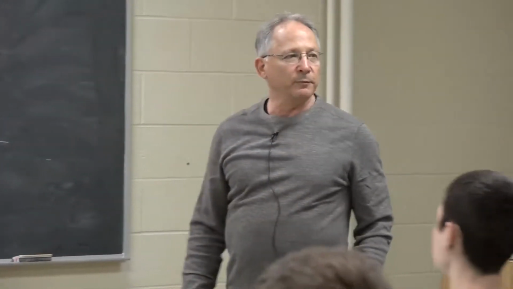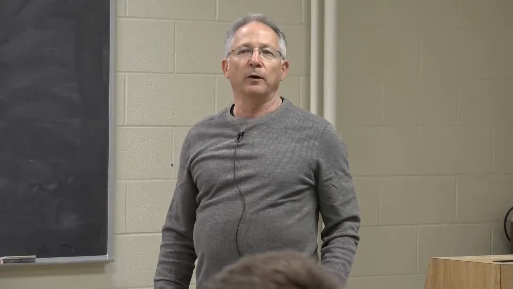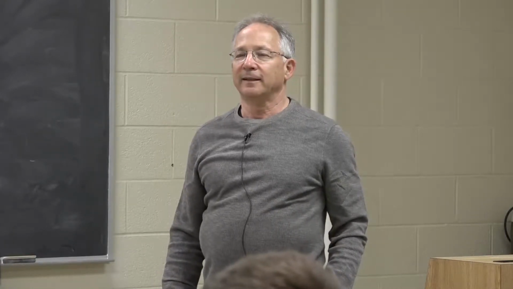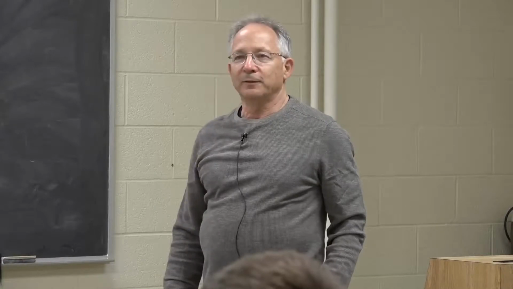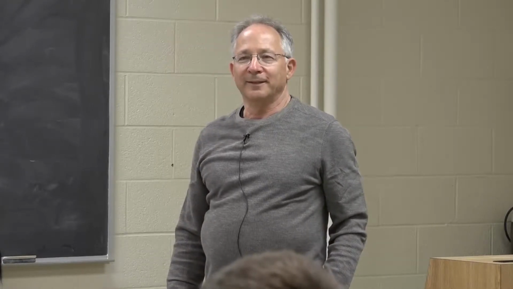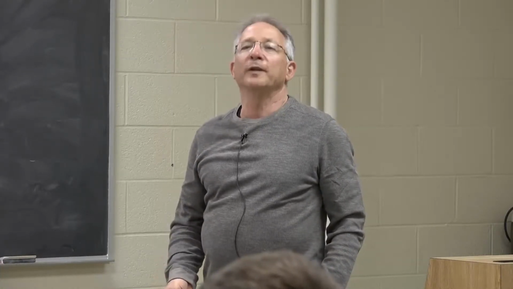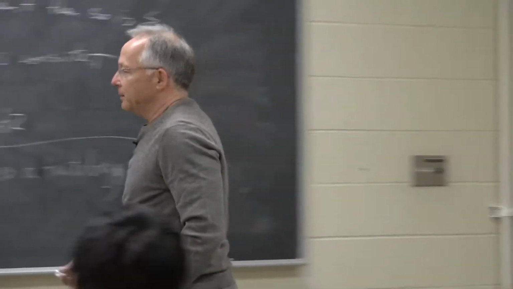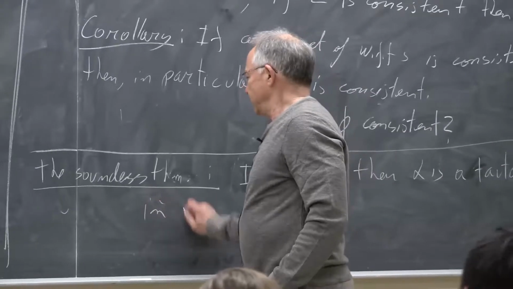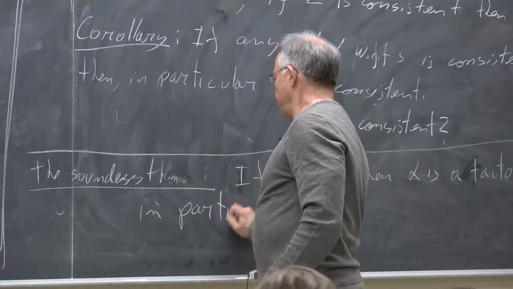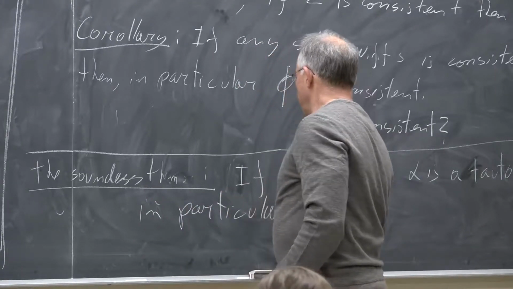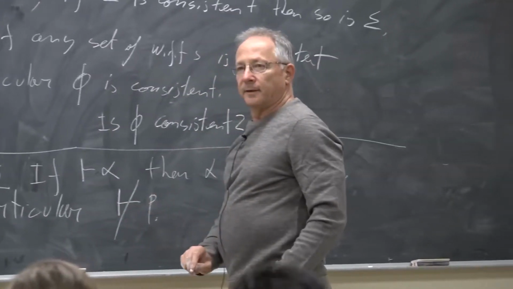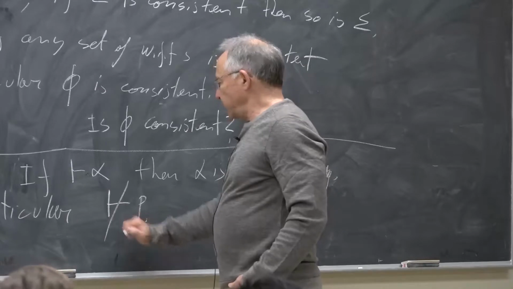Can you give me an example of something that we know that we cannot prove? You have to give me an example of a concrete formula. Yes, a propositional variable. So in particular, the empty set cannot prove P, since P is not a tautology.